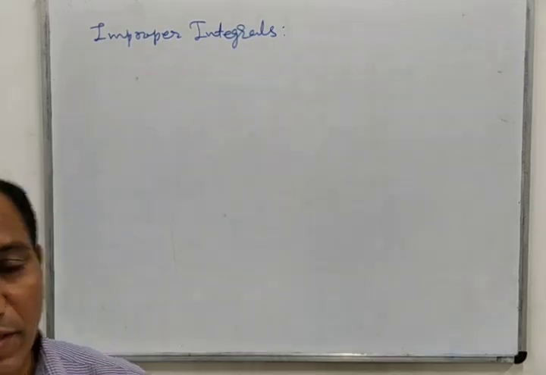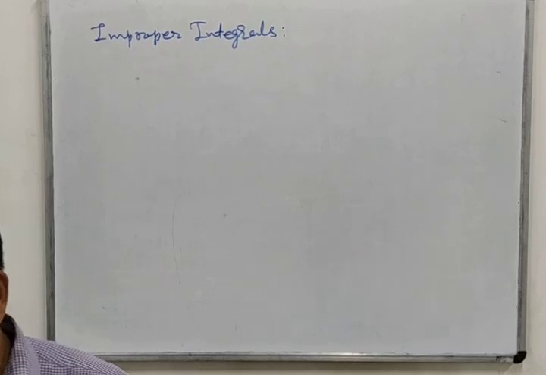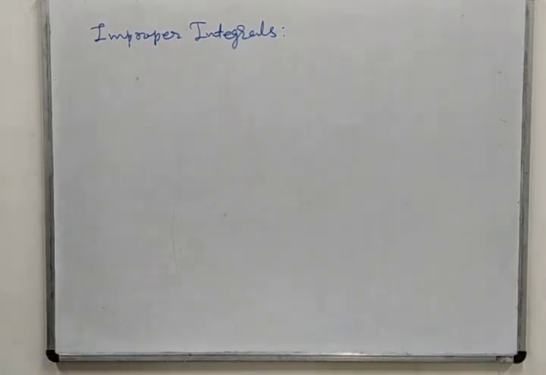We have also seen some examples based on first kind of improper integral, that means when the limits are infinity or minus infinity. Okay? So now let us see more examples.